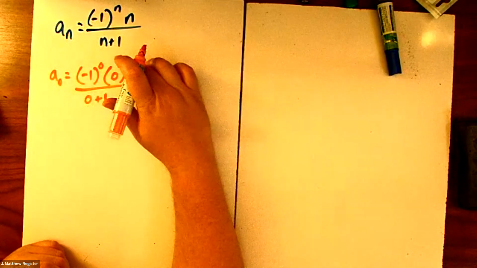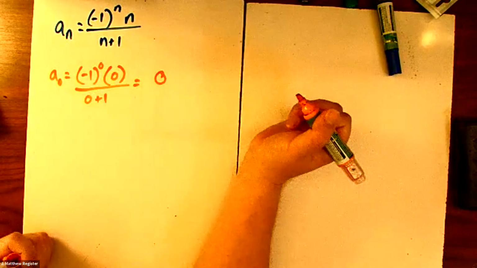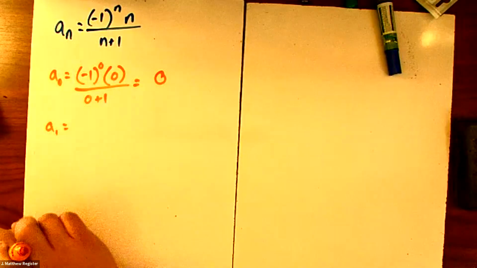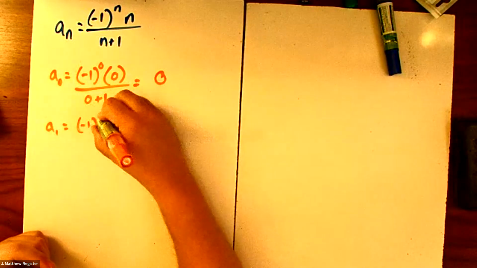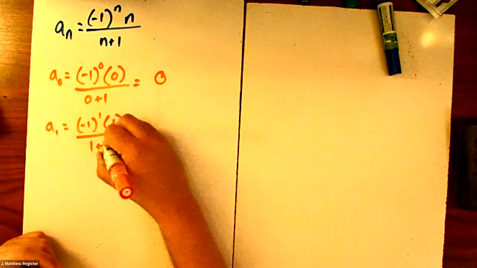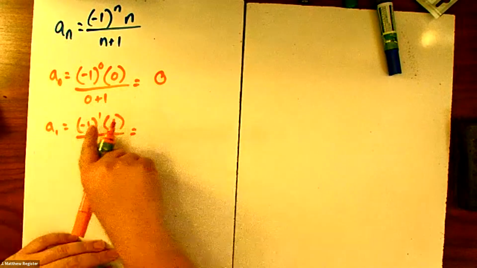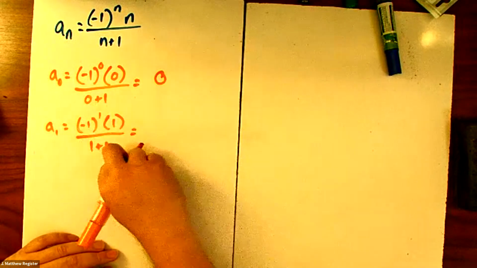Well, that's going to give us 0 on the top and 1 on the bottom, which is just 0. A sub 1 would be -1 to the 1 times 1 over 1 plus 1, which is -1 over 2.